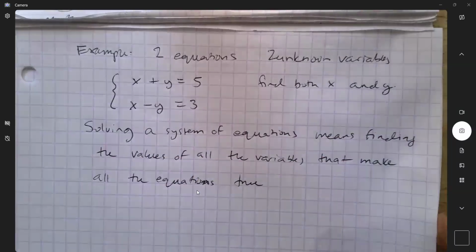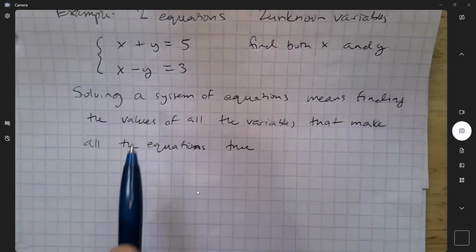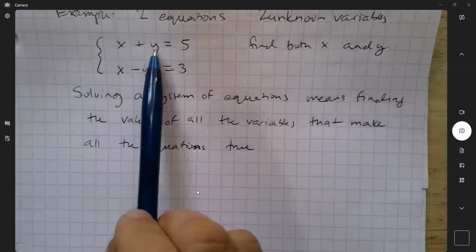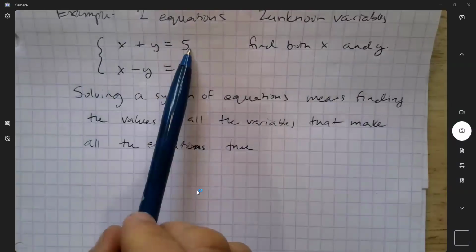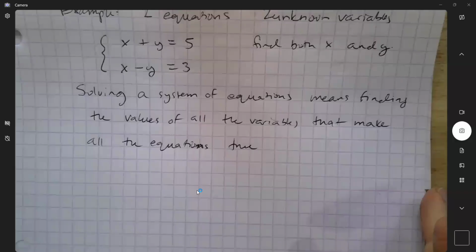Let me go back to this example to show you. If I want to solve this system of equations, I need to find both x and y that make the first equation true and the second equation true at the same time.